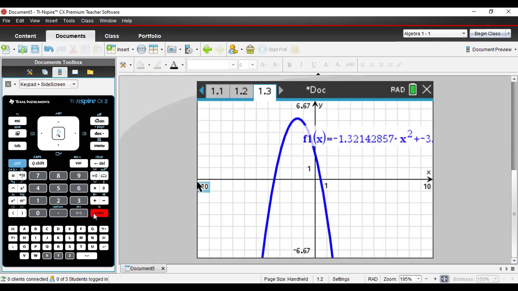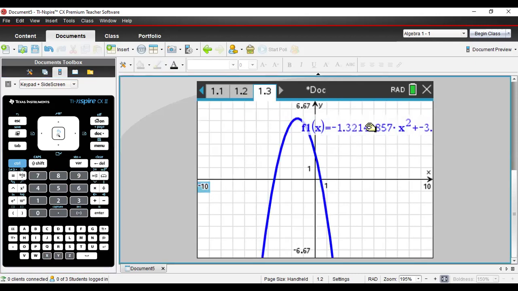Press enter. Boom. All right, so now that's a nice quadratic, even though our coefficients are all decimals.